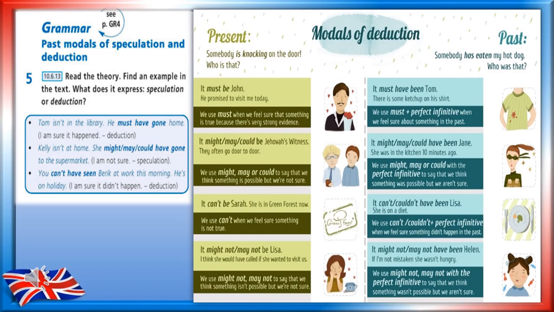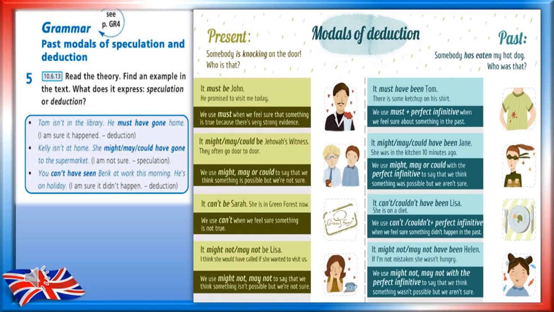Exercise 5. Read the theory. Find an example in the text. What does it express, speculation or deduction? Tom isn't in the library. He must have gone home. I'm sure it happened. It's deduction. Callie isn't at home.